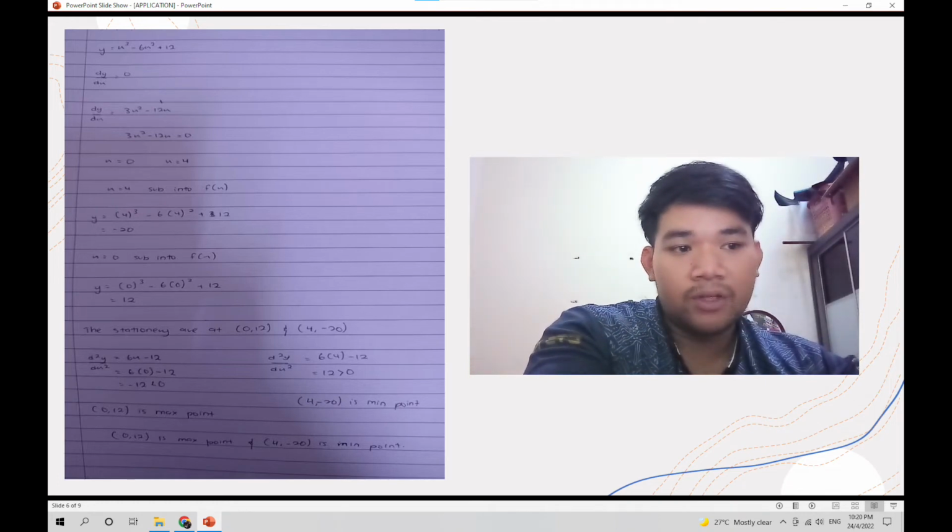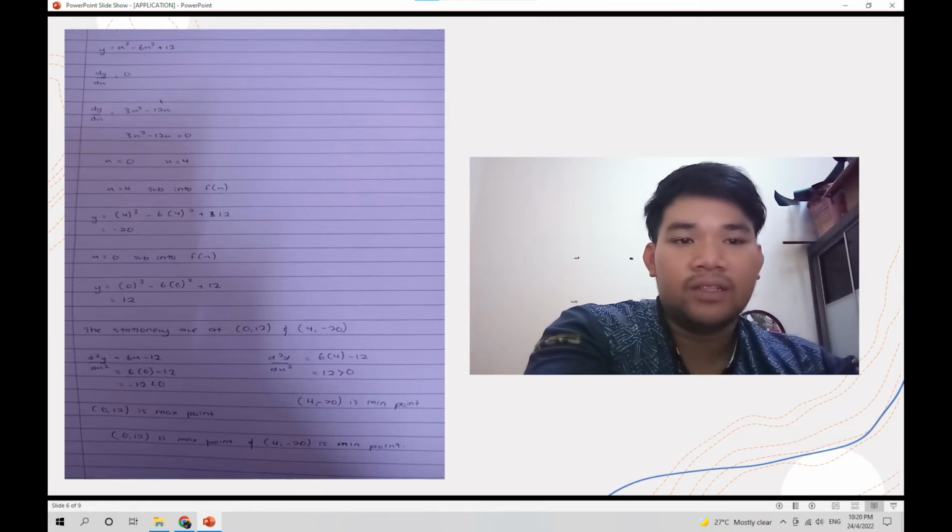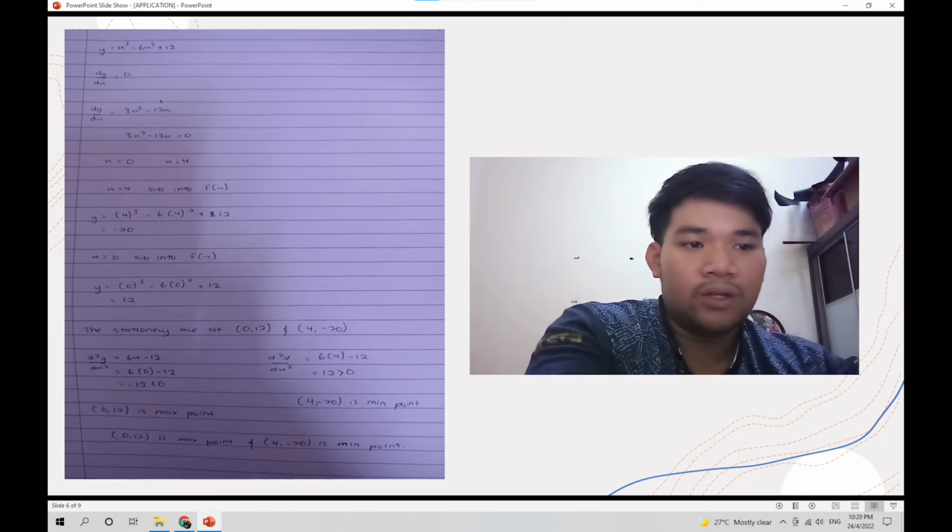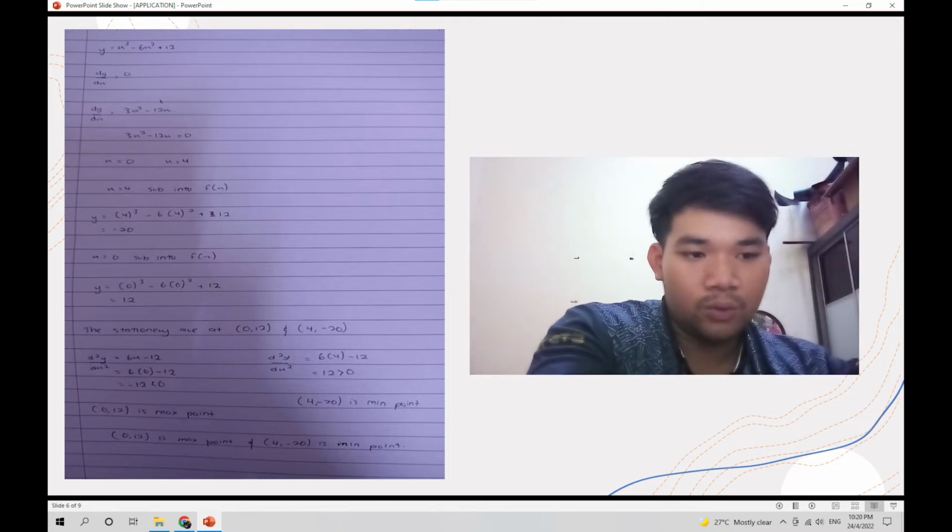After that, we must put those x values into the function, substituting x one by one. For the first y, we get the answer 12, and the second y is negative 20. So we get two coordinates at the same time. The coordinates are (0, 12) and (4, negative 20).